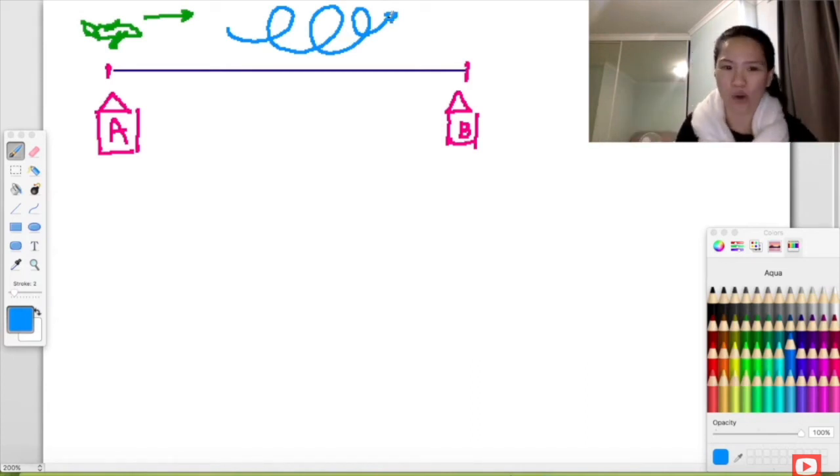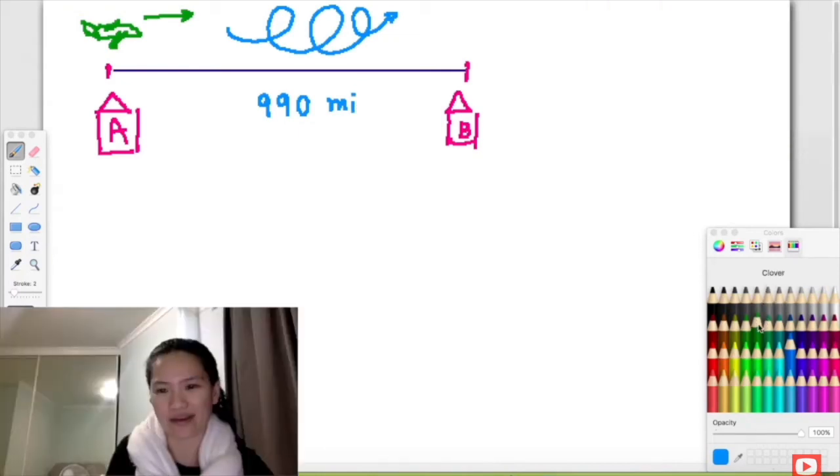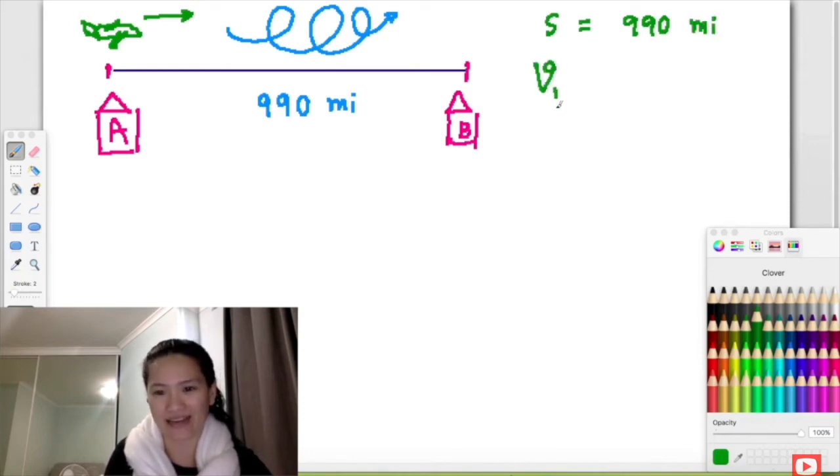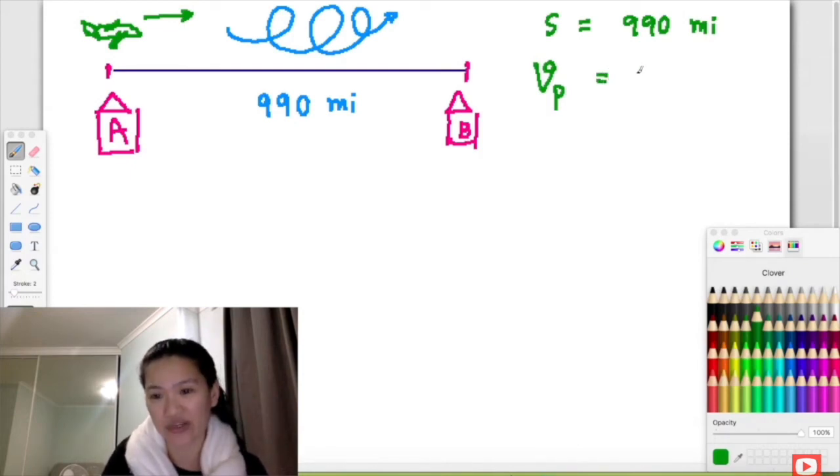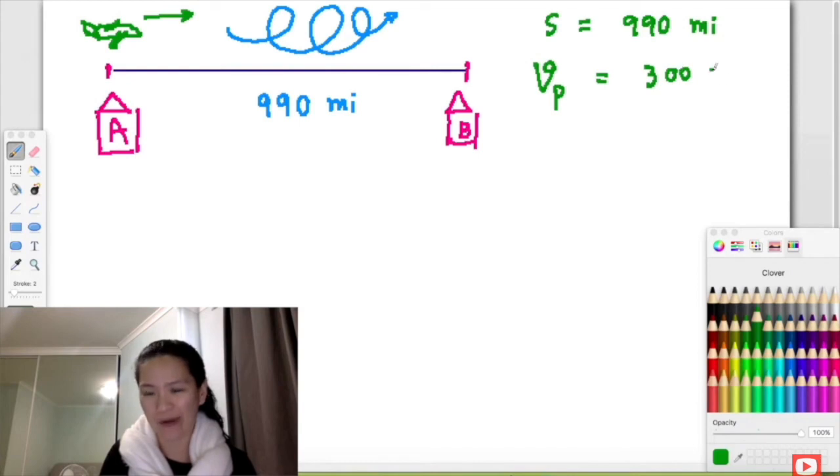What else do we know? From the question, they tell you that the distance is 990 miles. Do you remember this one? So you know S equals 990 miles. And you know that VP, the speed of the plane, is 300 miles per hour. Next one, what else? Give you a hint.